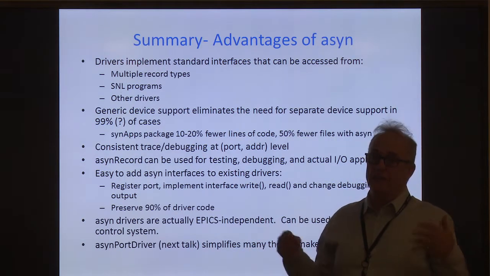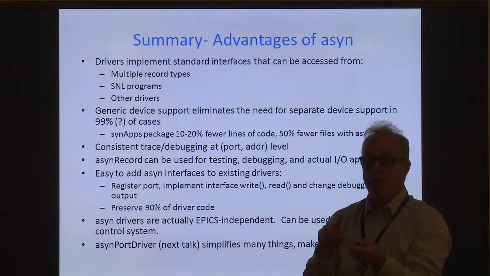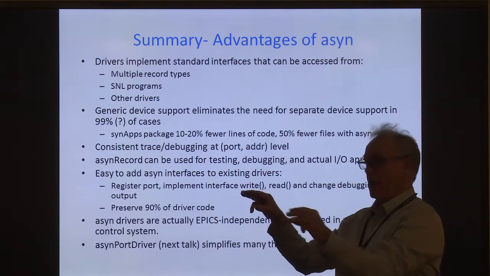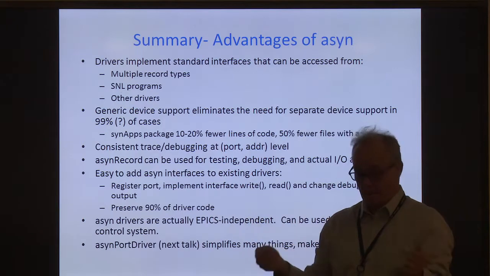And you'll see this with motor and area detector and quad EM, that there's a whole family of devices that are similar, but they might be quite different in how you actually talk to them.